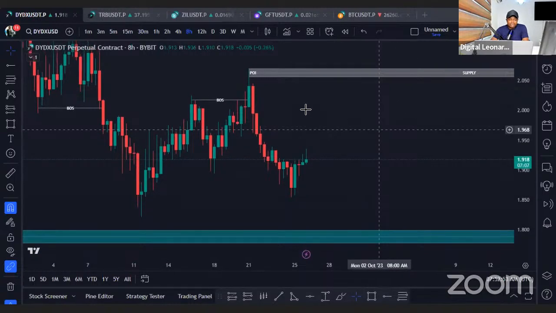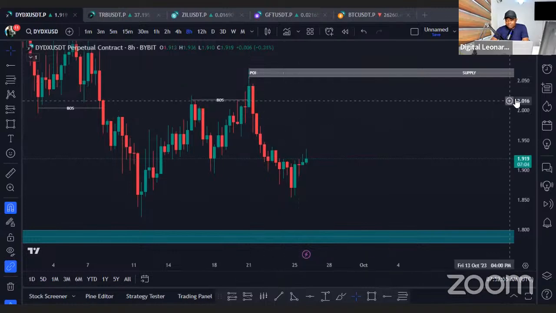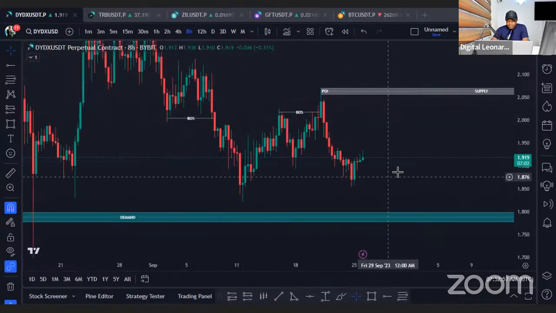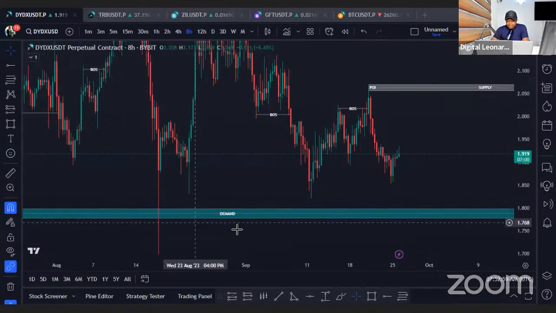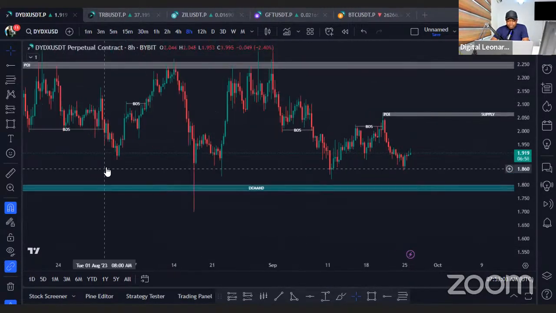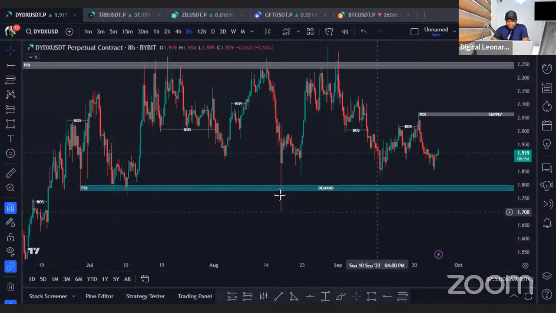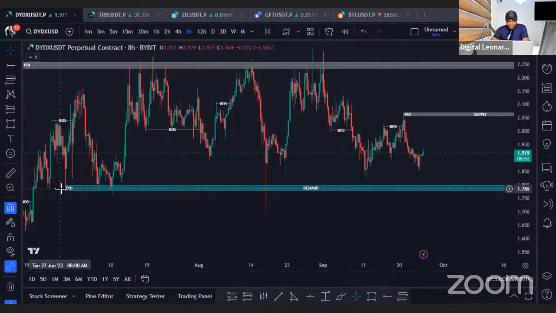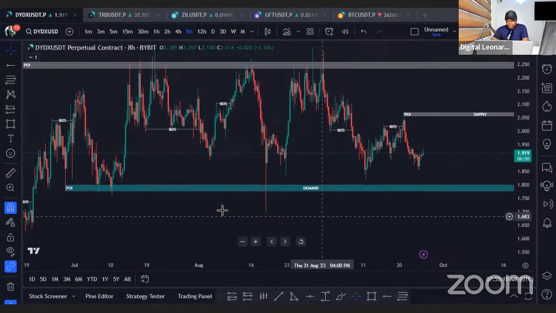GYDX had a rejection at that $2 level and seems to be coming down. I'll still work with this support down here, this demand level down here.